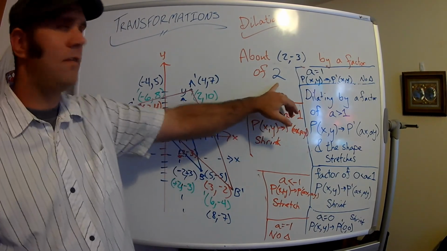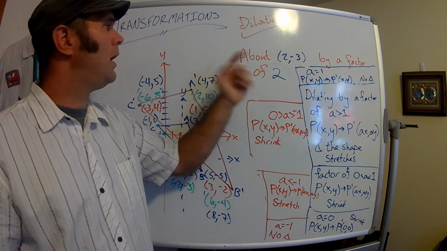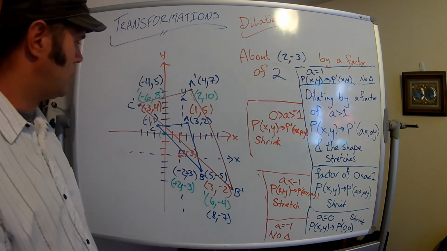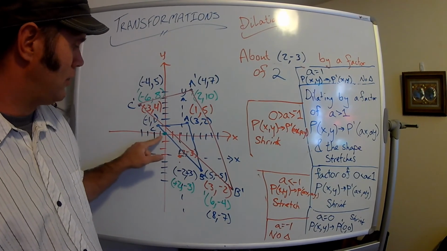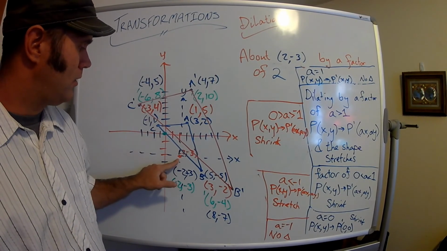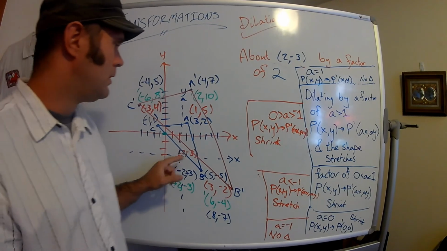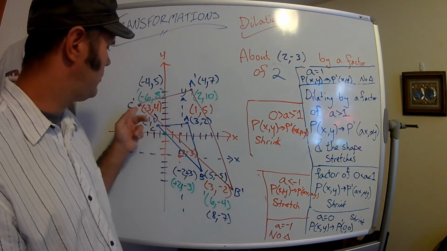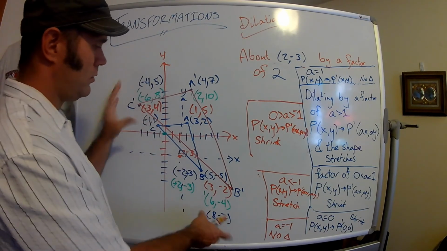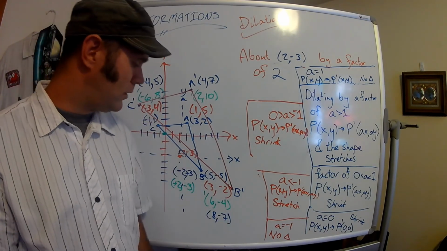And that is our stretch by a factor of 2 about the point 2 comma negative 3. So we were stretching about this point, not this point. So we had to do some work to get it into points that we could use, and then we were able to figure out what those points were.